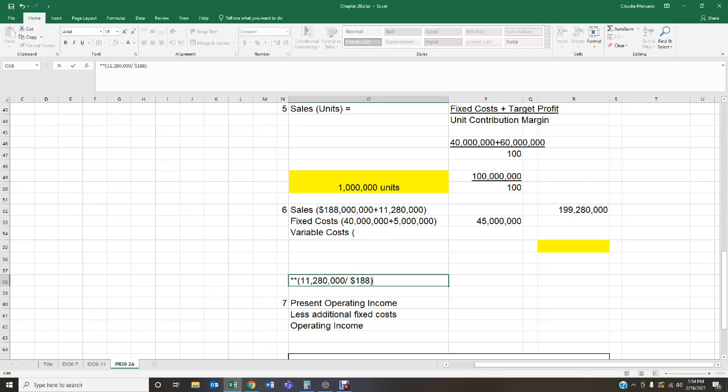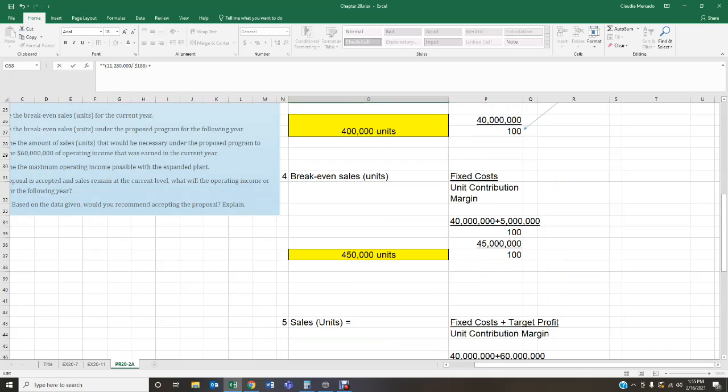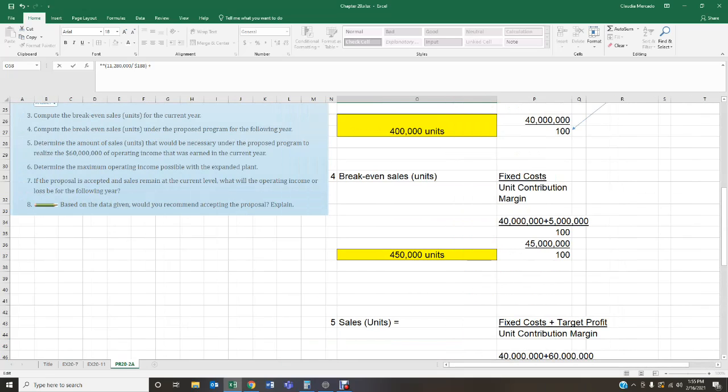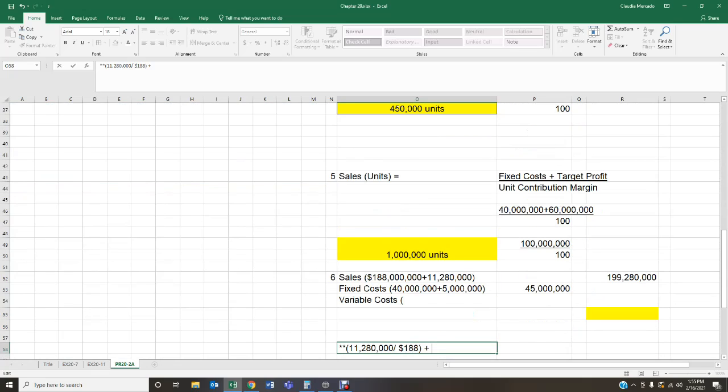And then I'm going to add the 1,000,000 units that we calculated in requirement 5. Requirement 5 was asking us to determine the amount of sales that would be necessary under the proposed program to realize $60 million of operating income. Well, we need that one extra 1 million units in sales. So I'm going to add that 1 million.